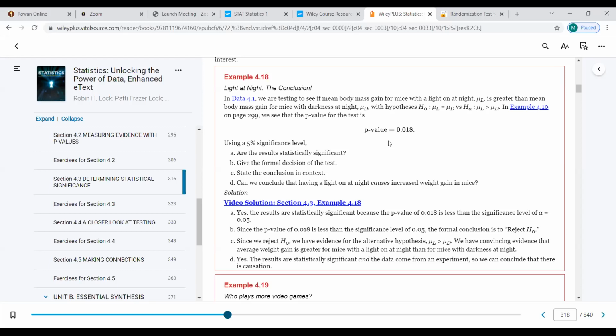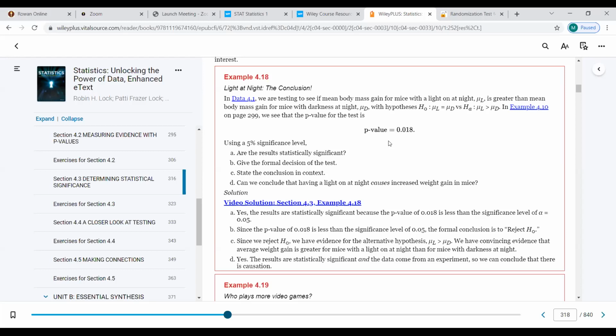Most researchers in the social sciences, psychology, sociology, economics, choose 5% as their significance level. I don't see many people use 10%, but I guess some groups use 10%, some groups use 1%, but it's typically nothing outside of that range, all right?